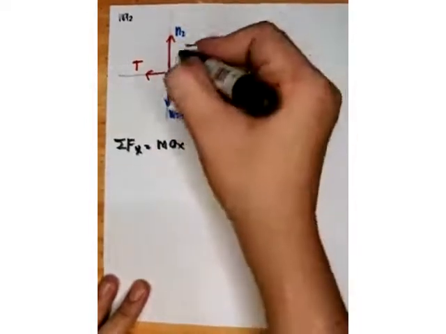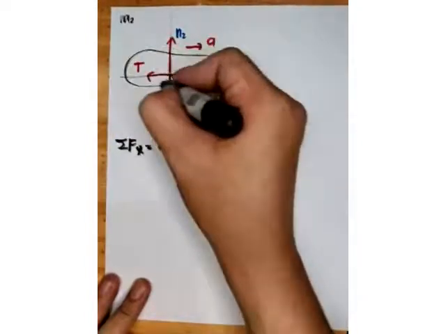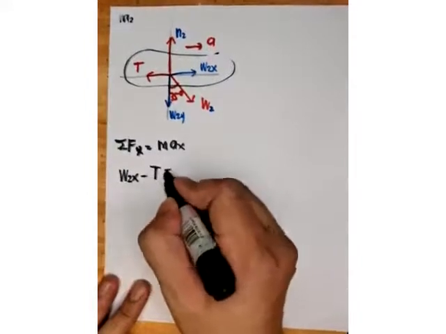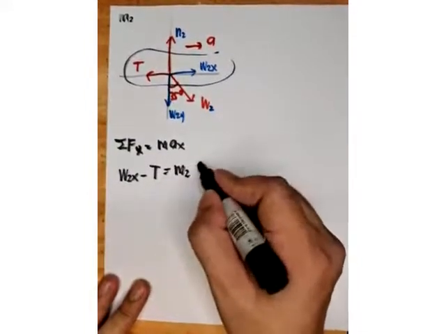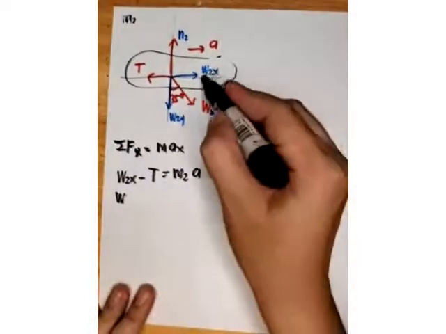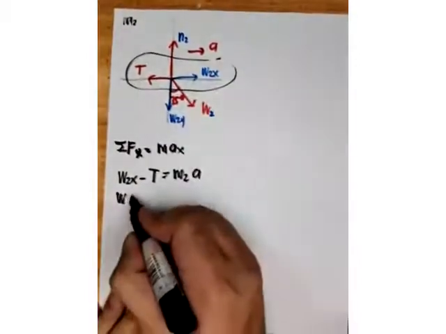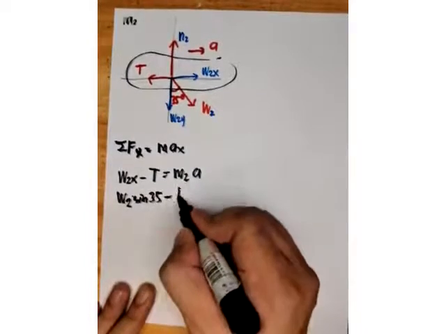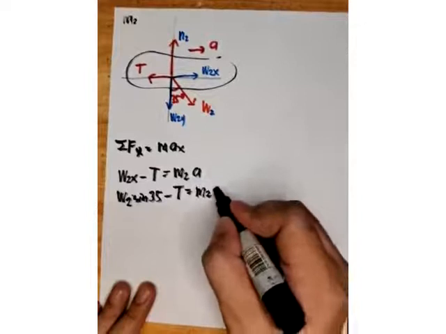So W2x minus T is equal to mass 2 times A. So W2 sine 35 minus T is equal to M2A.